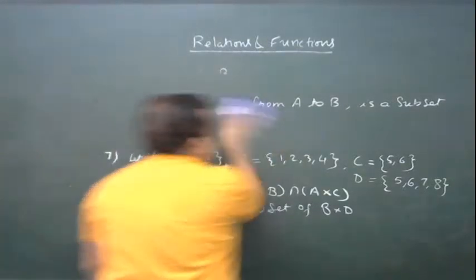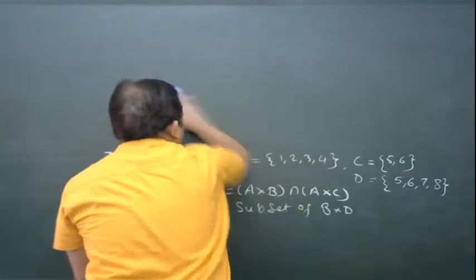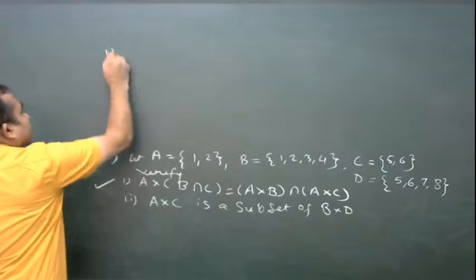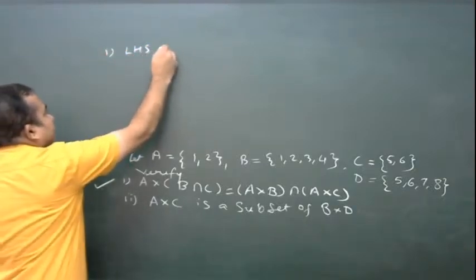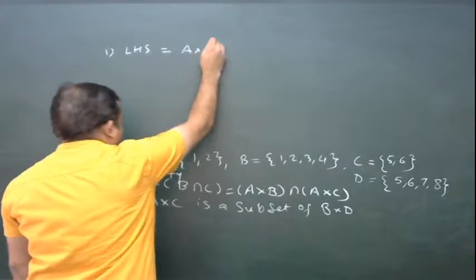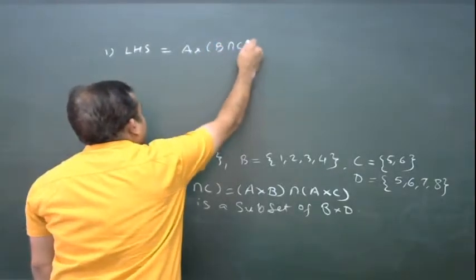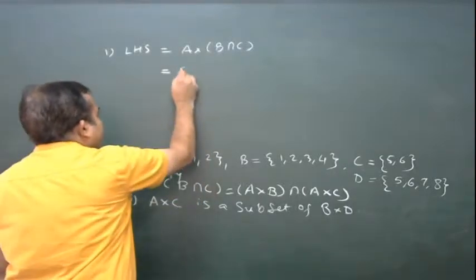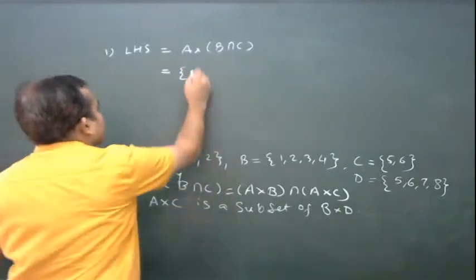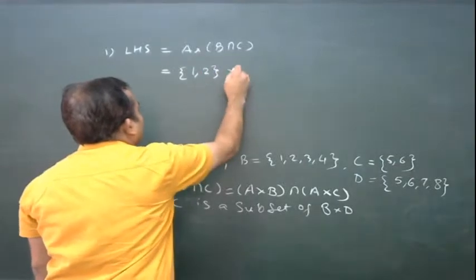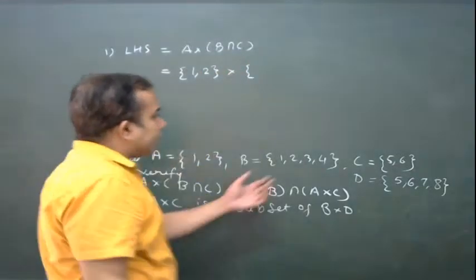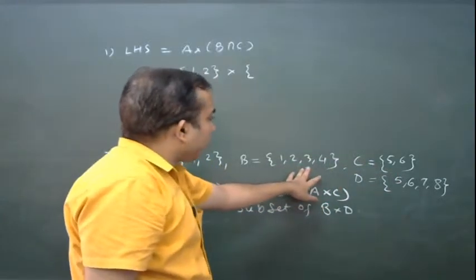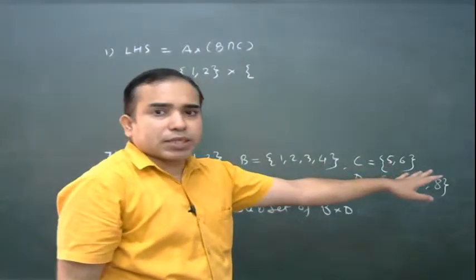The left hand side is A cross (B intersection C), where A is {1, 2}, B is {1, 2, 3, 4}, C is {5, 6}.